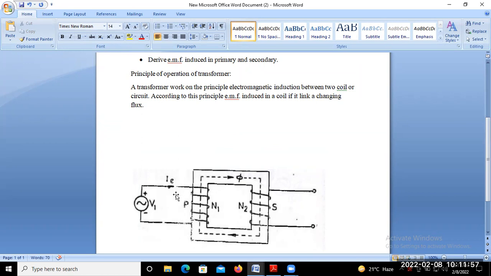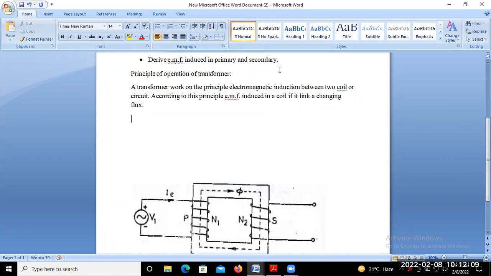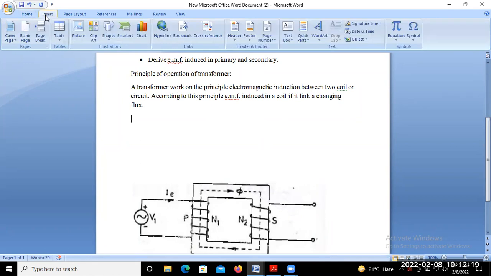So I think this standard notation of the parameters V1 and IE, you can write here. V1 is your supply voltage.